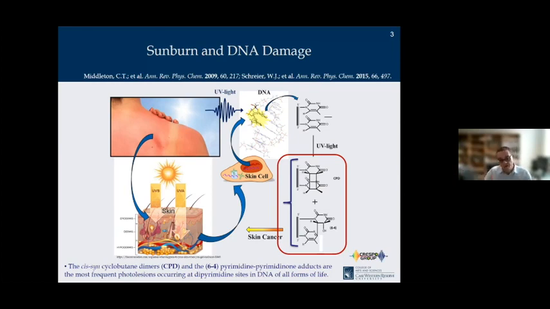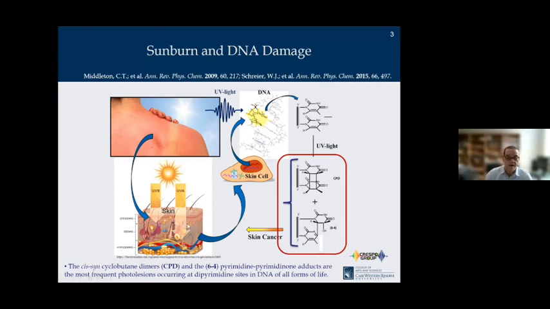sustain long-term skin cancer. As we heard before from several of our speakers, the main photoproducts, as is well known by now in DNA, in particular the cyclobutane pyrimidine dimer and the 6-4 pyrimidine photoproducts, are correlated with skin cancer.